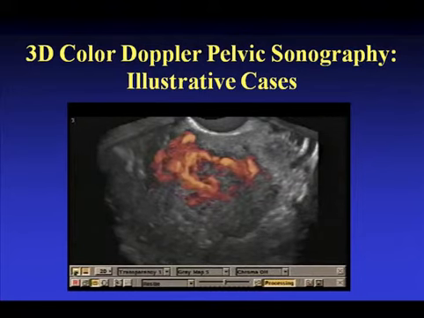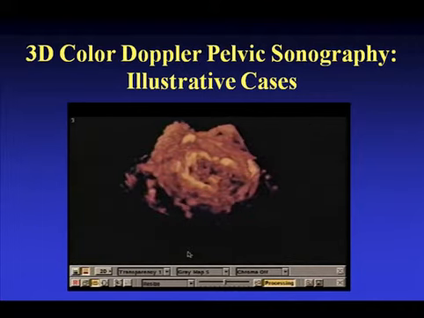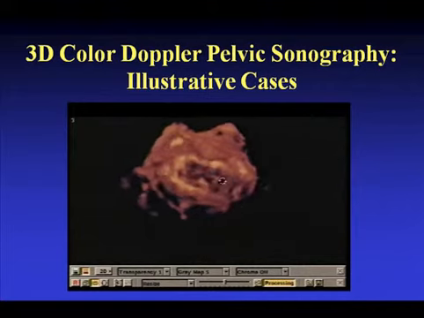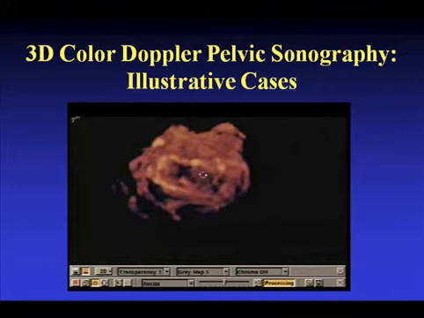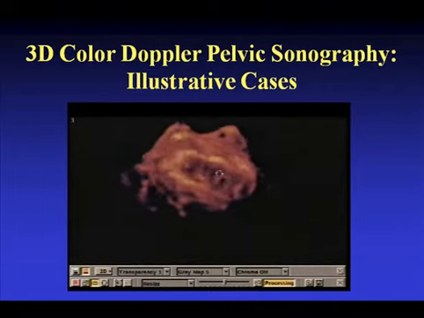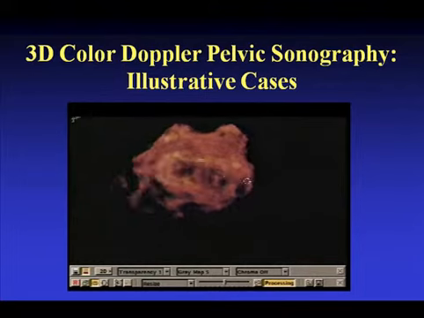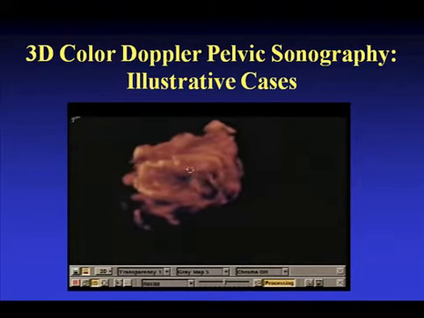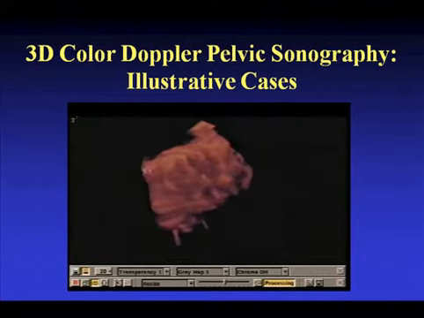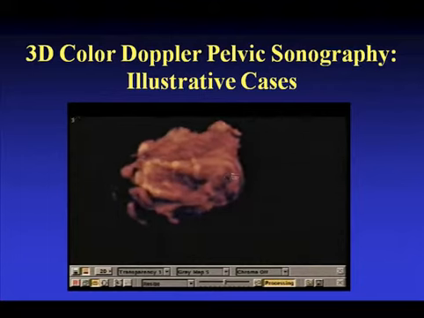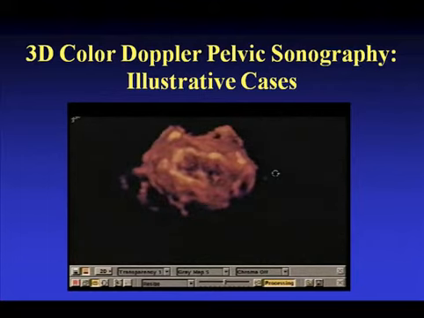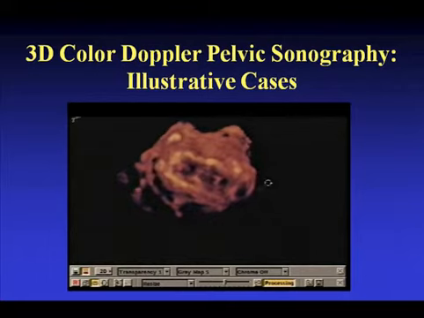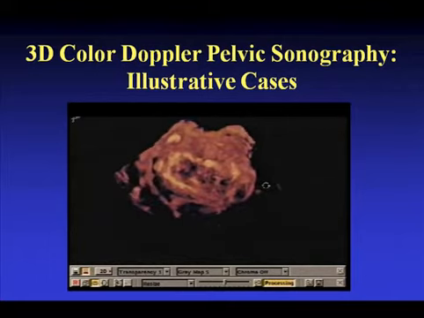And here we'll take off the grayscale and show you the vascular network surrounding this fibroid. Then we can put back the color Doppler.